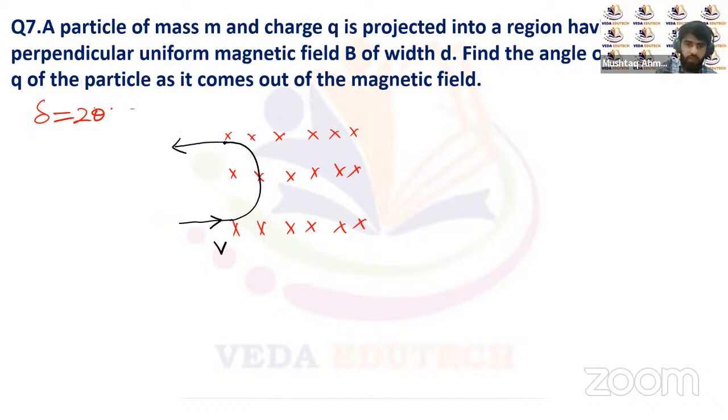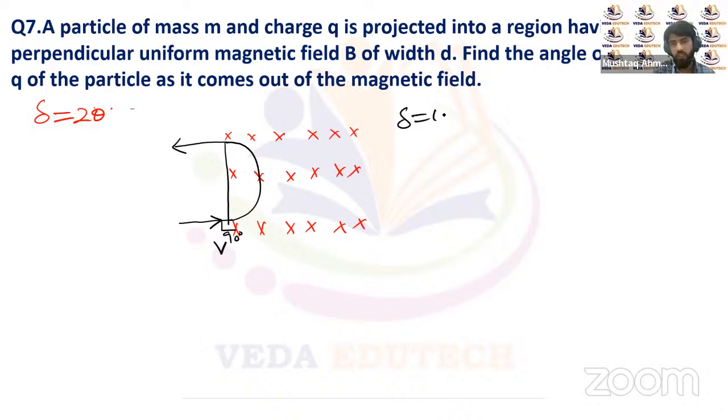It will make a semicircle here. It enters at an angle of 90 degrees and leaves at an angle of 90 degrees. Now you can see the angle between the initial velocity vector and the final velocity vector is actually 180 degrees.